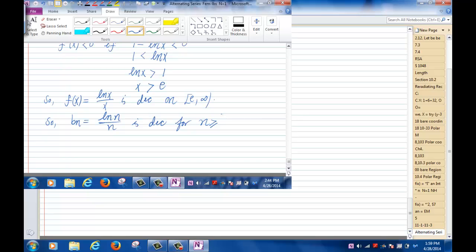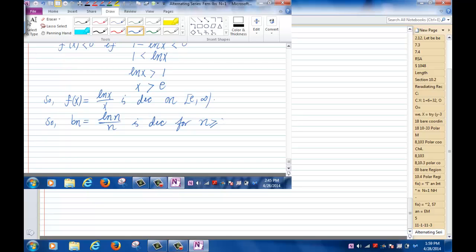Does it matter if it's larger or equal to? It doesn't matter. So I could say that it's decreasing from e to infinity. I can include e because it's a continuous function. So if you say it's decreasing from e to infinity, you can also include e.